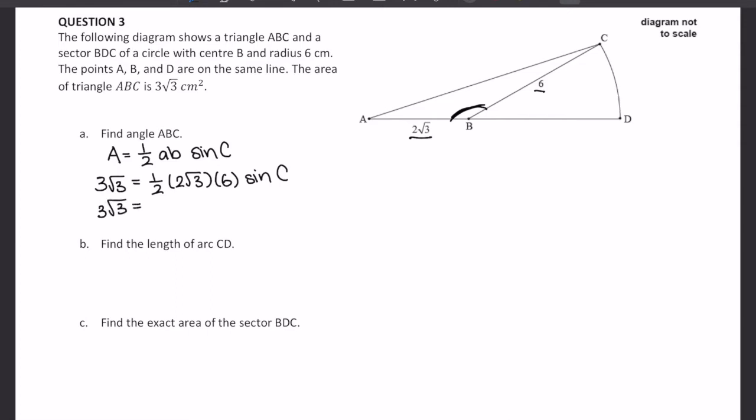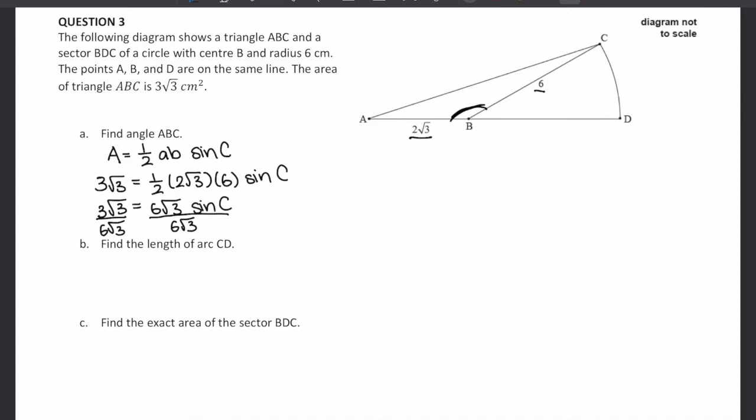So we have 3√3 is equal to 6√3 times sine C, because 1/2 times 2√3 times 6 is 6√3. And then to get sine C by itself, we divide both sides by 6√3.